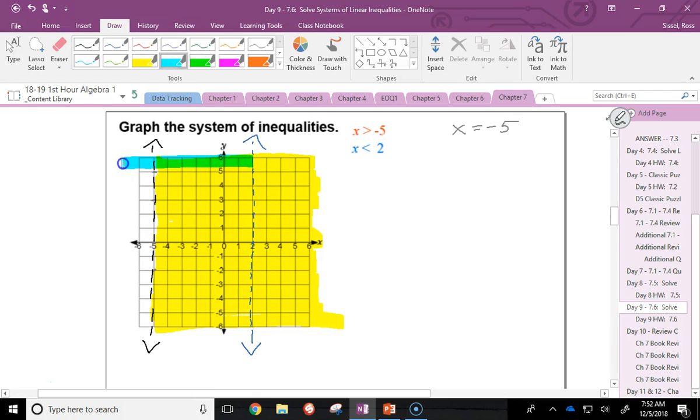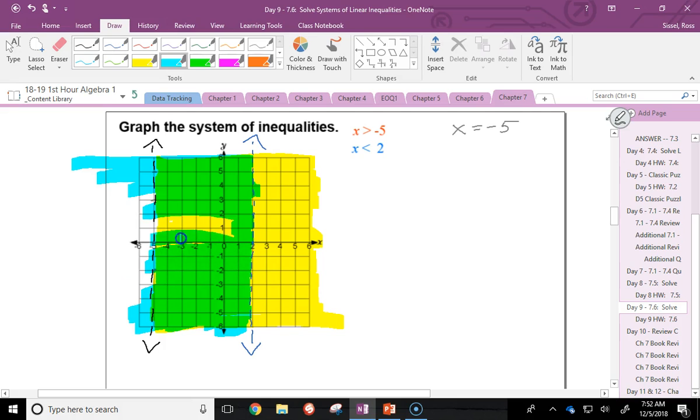Anything from here on. I'm not going to use the highlighter every time. Alright, now when we look at our graph, I'm going to do a little more blue just so we make a point.